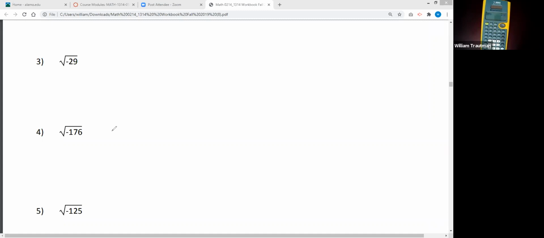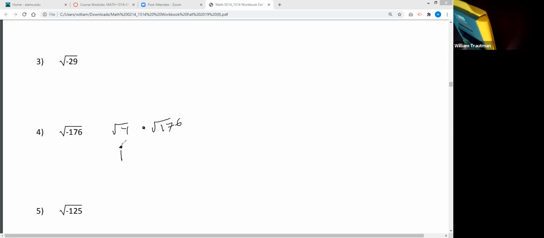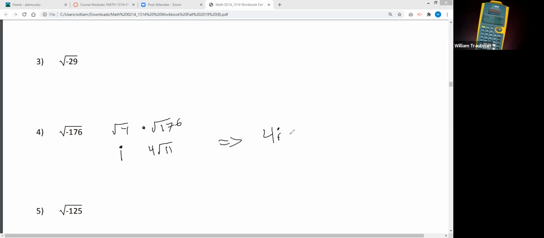So square root of -1 times the square root of 176. And this is i. And we already put the square root of 176 in our calculator, and we got 4 square root of 11. So once again, I'm going to write it like this. For i on the outside, square root 11 on the inside.